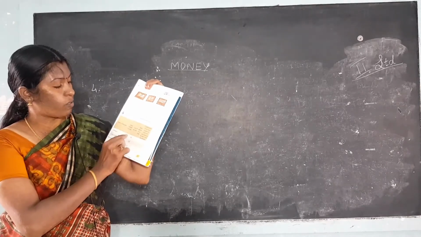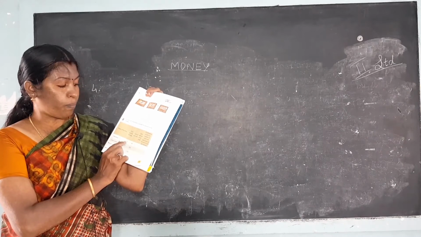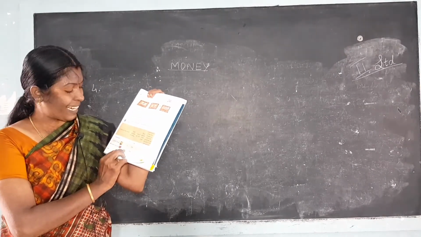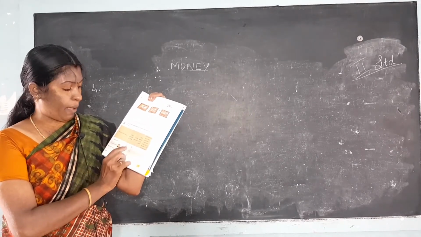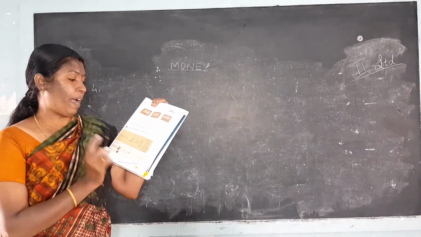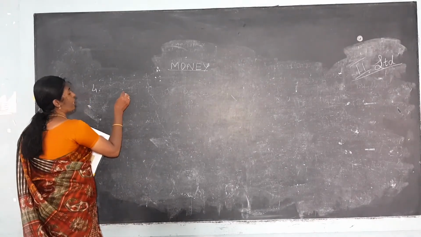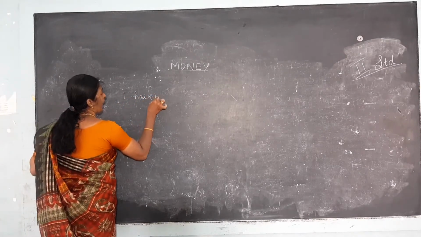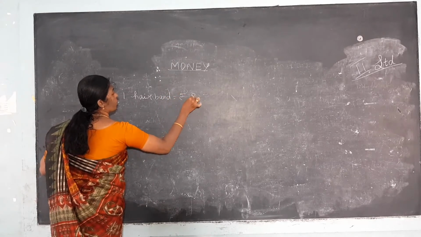Now you see the total number of items: 4 hairbands are here, 3 comic books, and 6 bowls of gulab jamun. Cost of one item, that is 1 hairband. What is given? 1 hairband is how many rupees? 8 rupees.